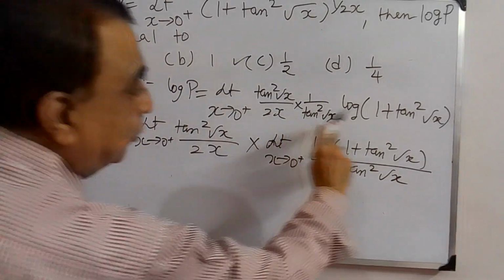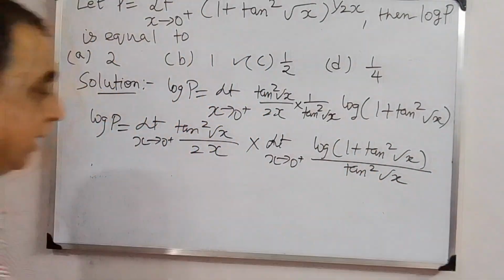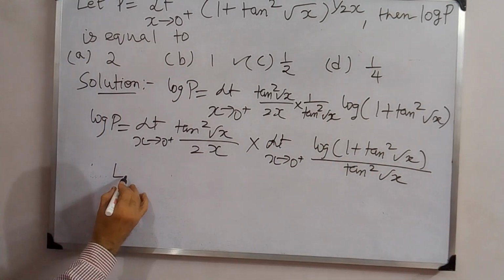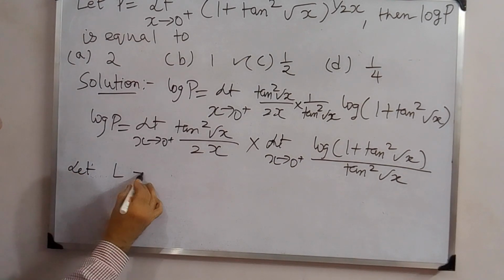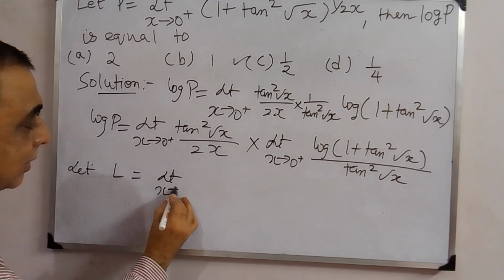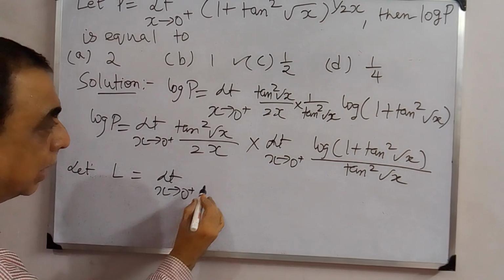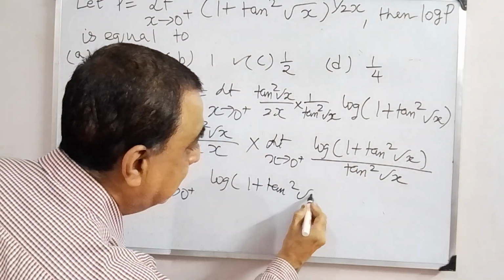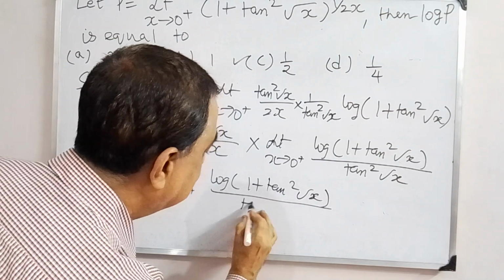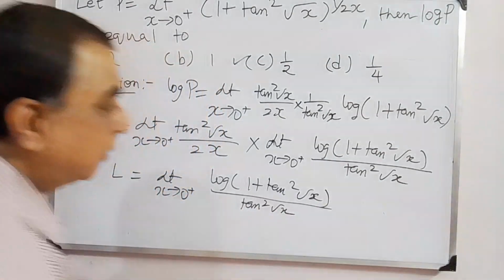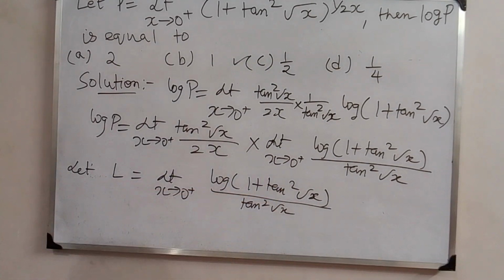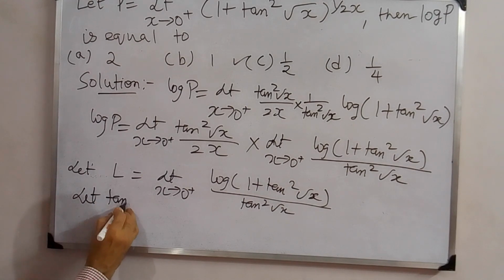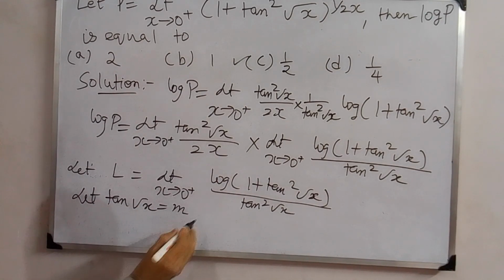Now I am solving this limit separately. Let this limit be L. So L equals limit of x tends to 0 plus of log of (1 plus 10 squared root x) divided by 10 squared root x. Here substitute 10 root x as m. So let 10 root x equal m.